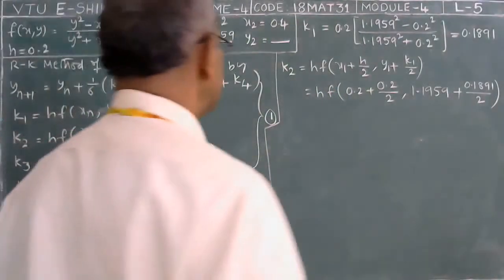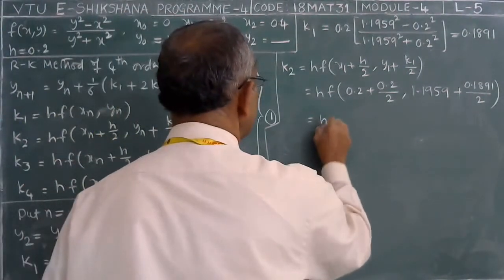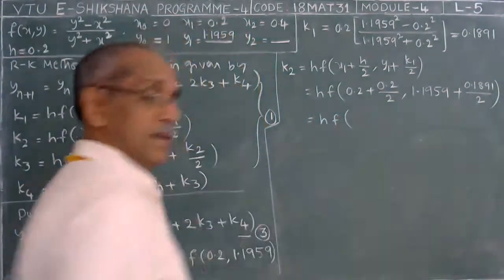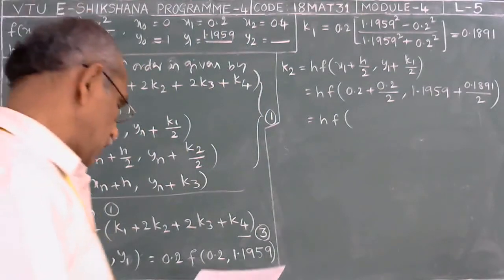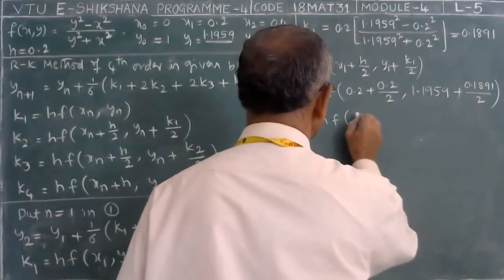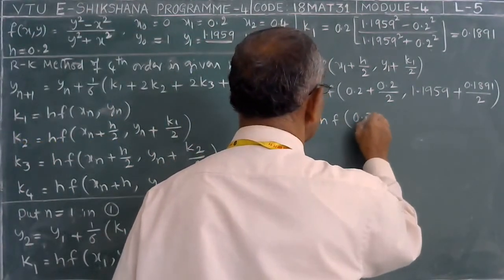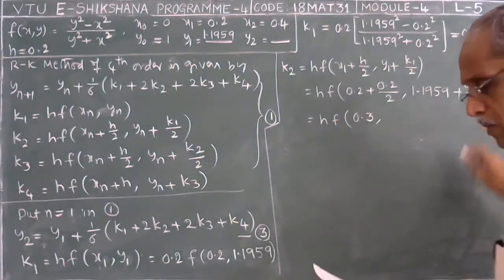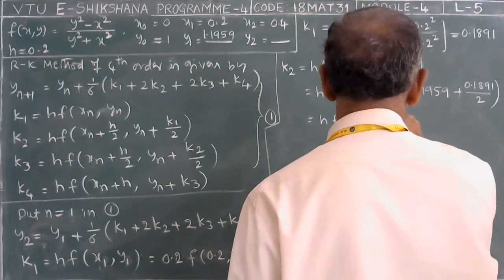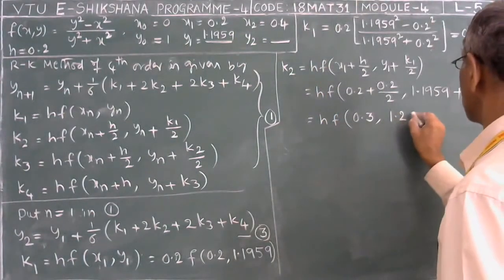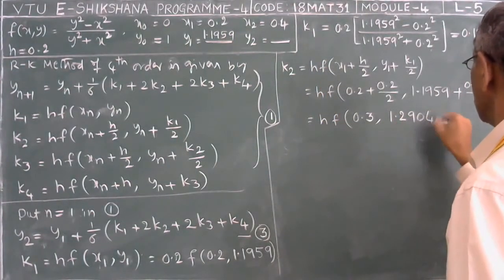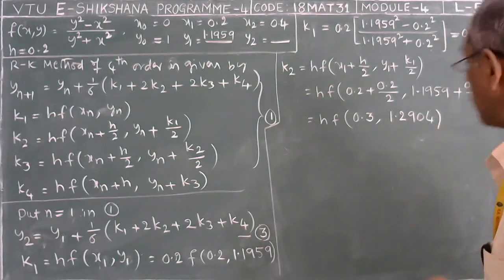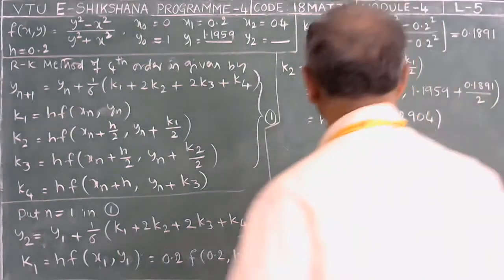Okay, if you simplify this, you get h into f of, you simplify 0.2 plus 0.2 by 2, that is 0.1, you get 0.3 comma, and if you simplify using calculator, you get 1.2904. Now use the definition.